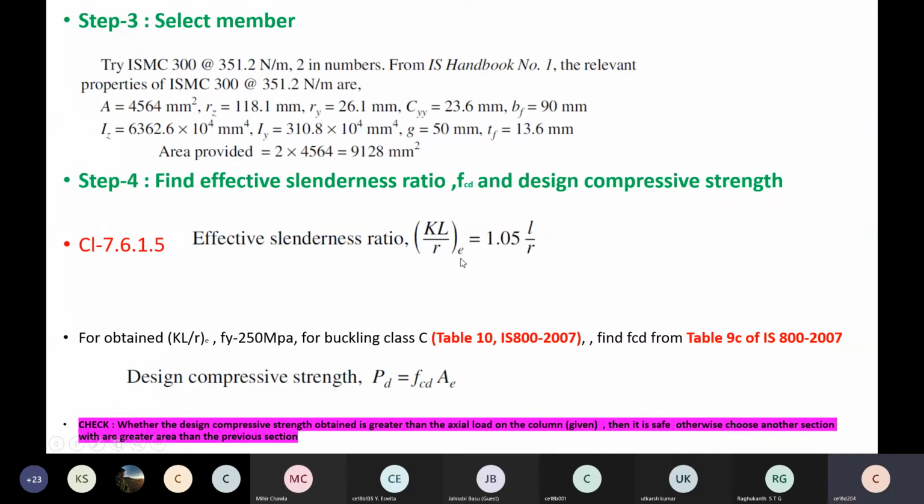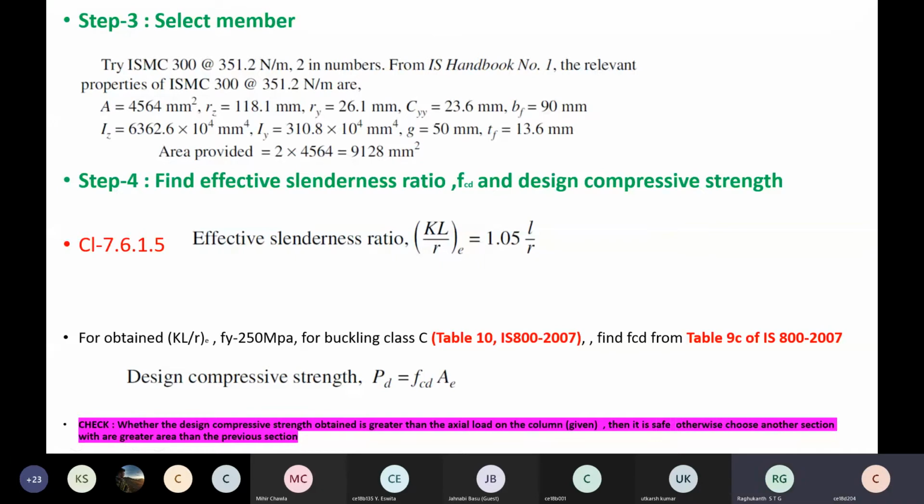Since the column is restrained in position and free in rotation at both ends, from Table 10 you will get K as 1. So KL will become L only, which is 10 meters. So 1.05 times 10 divided by r will give the effective slenderness ratio.